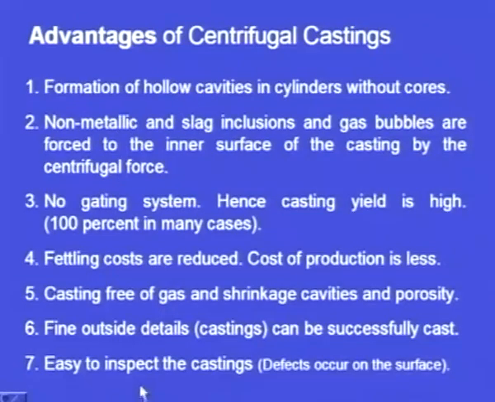and the casting is free of gas and shrinkage cavities in the centrifugal castings. Another one, fine outside details can be successfully cast. If the outer portion of the casting contains small details, sometimes it is difficult, but here we are applying centrifugal force.